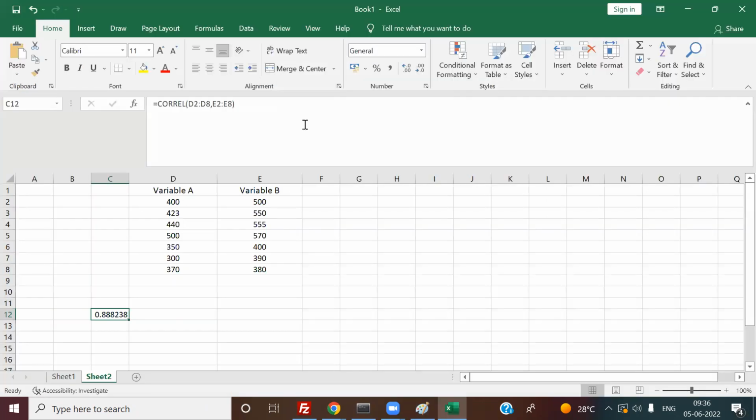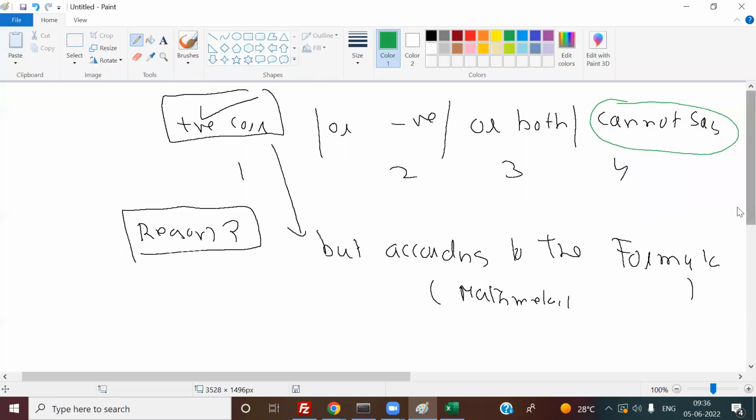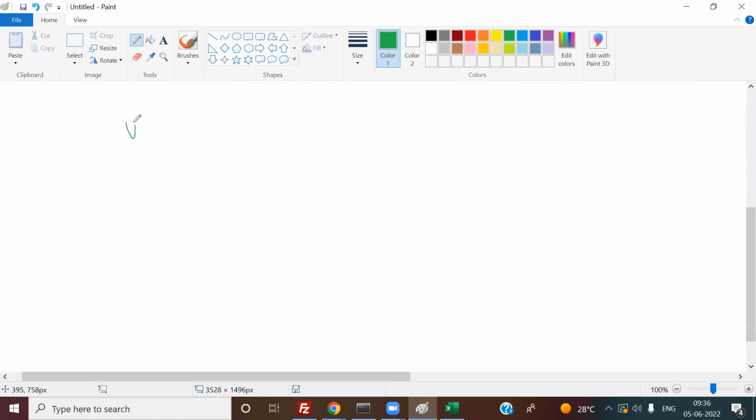Why? Because I do not know what is variable A and what is variable B. So for example, if I say variable A is runs scored by, कोई इंडियन प्लेयर बताओ जो स्कोर करता है. विराट कोहली.